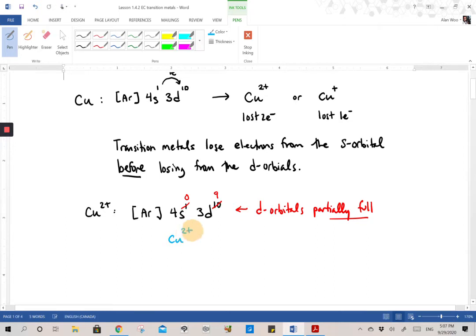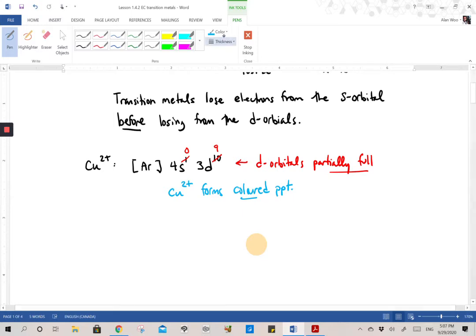So copper 2+ forms colored precipitates, which I'm going to abbreviate with PPT. It's a solid substance that has some color to it when it reacts with other substances. Most of the time, these copper 2+ ions will react with something like sulfate or chloride, and the crystals themselves will give them what they need to be stable. But these precipitates all seem to have color, especially when they're partially filled.